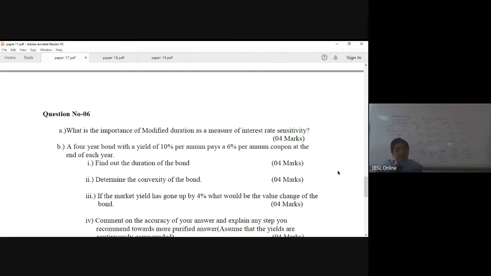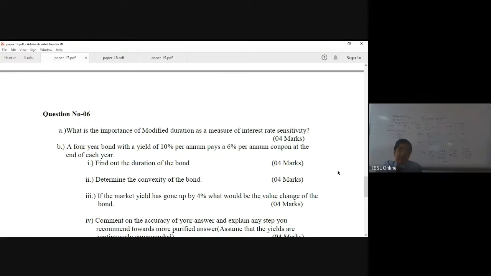It is not the normal way. You need to do it by exponential calculations, so e to the power. For example, at the end of year 1, you get 60 into e to the power minus 0.1.